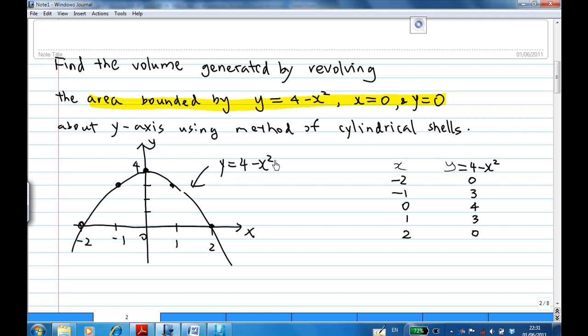And then the graph of x equal to 0 is the y-axis, and the curve y equal to 0 is the x-axis.